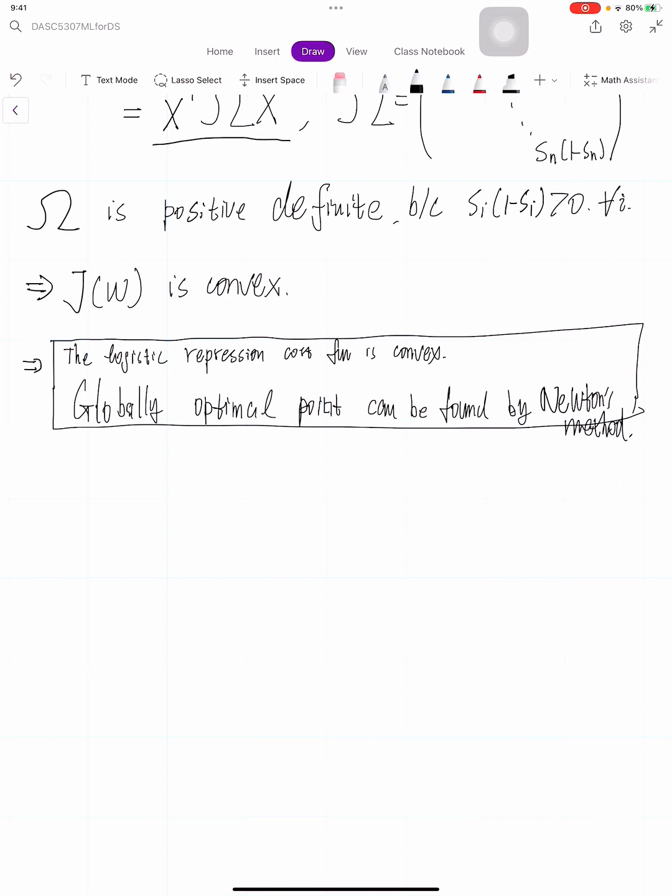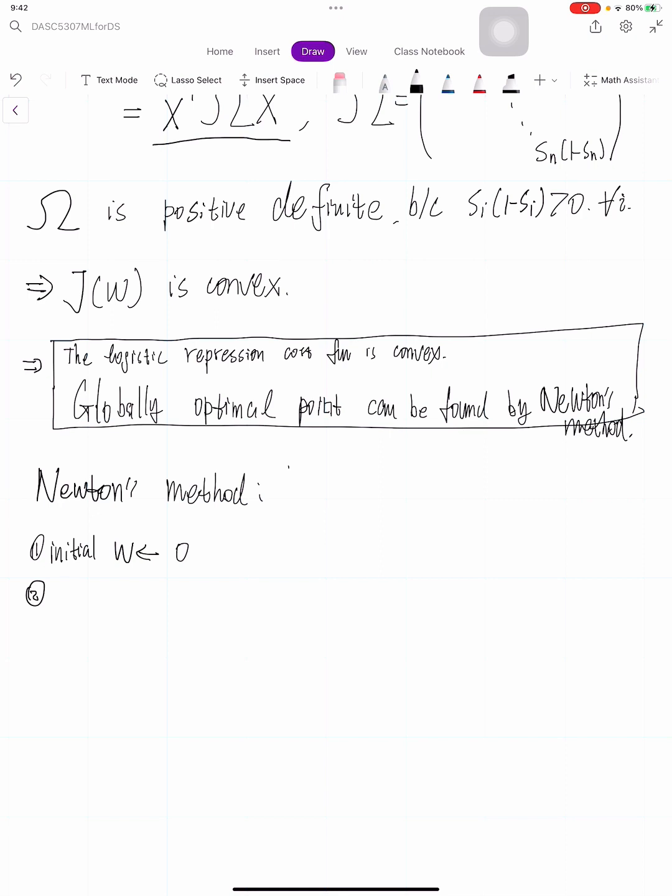So in other words, for solving logistic regression with Newton's methods, you initialize the parameter w with a zero vector.